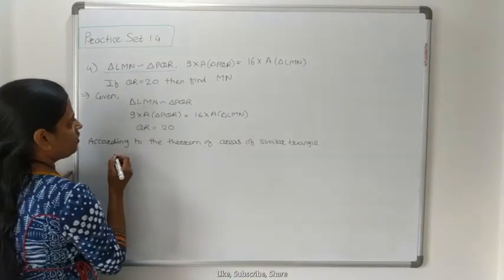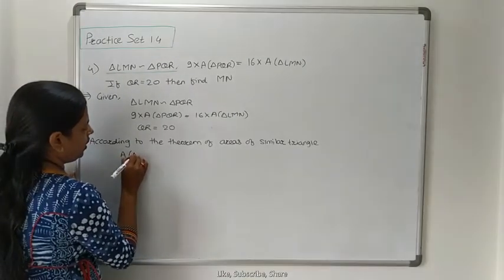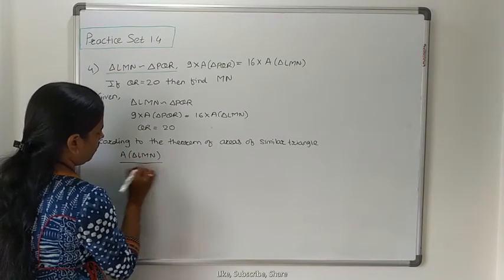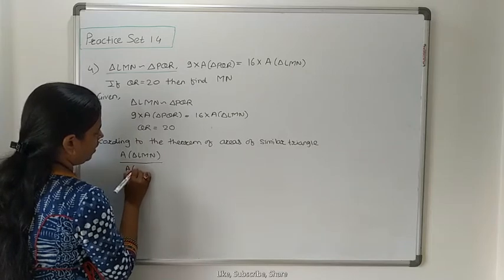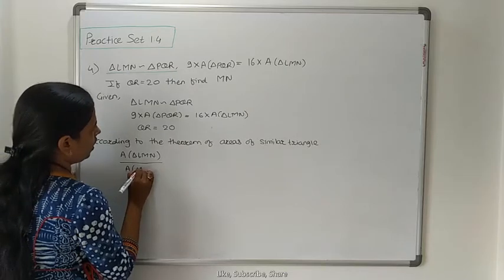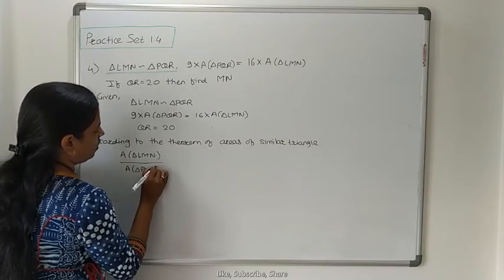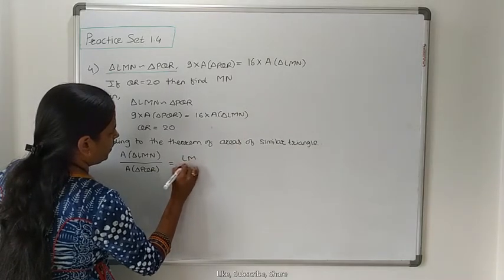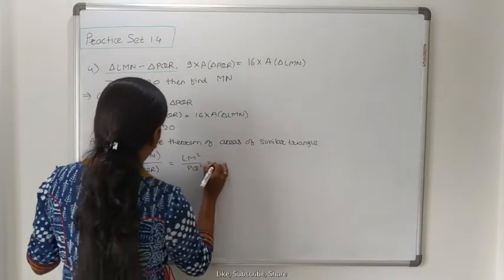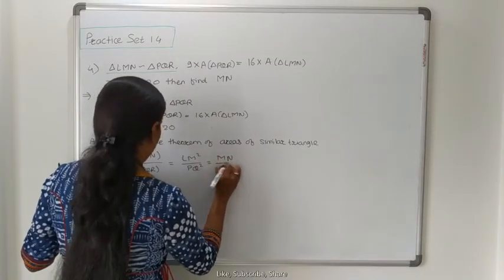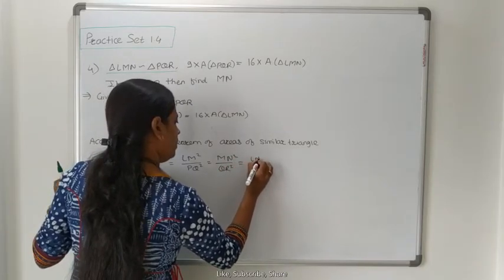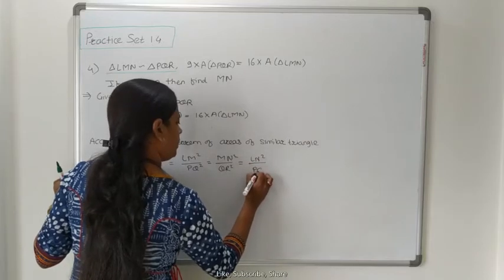So what is the theorem of areas of similar triangles? We put area of triangle LMN upon area of triangle PQR is equal to LM upon PQ square, or MN upon QR square, or LN square upon PR square.